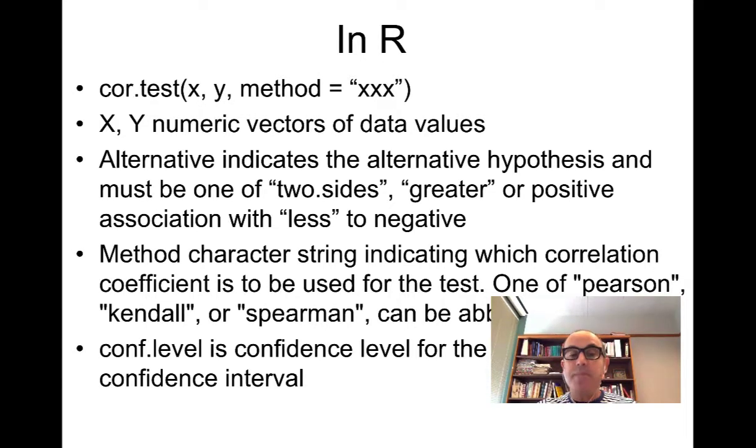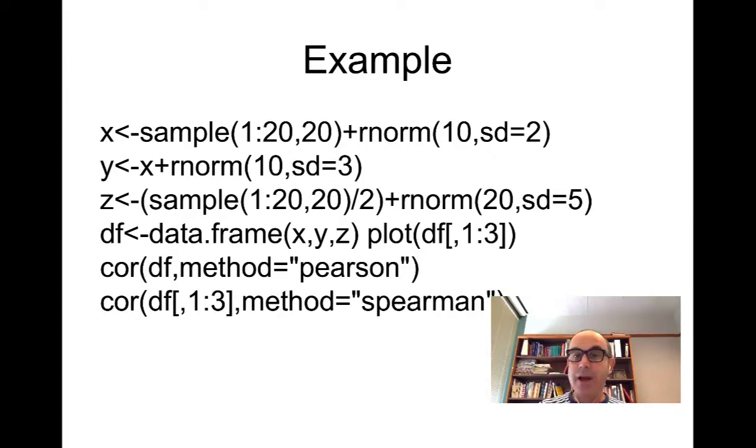In this case, the confidence level is the confidence level returned from the hypothesis testing. For example, I'm taking a sample of 1 to 20 as x. I'm taking y, which is x plus random numbers, 10, with a standard deviation of 2.